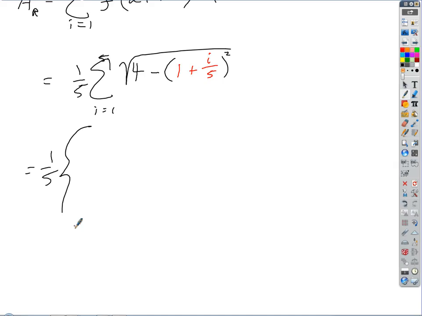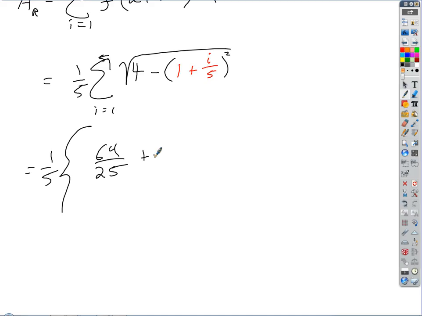So 4 minus 6/5 squared. Oh, it's squared, you're right. So 4 minus 36/25, so that's 100 minus 36, which is 64/25 for the first one, right?